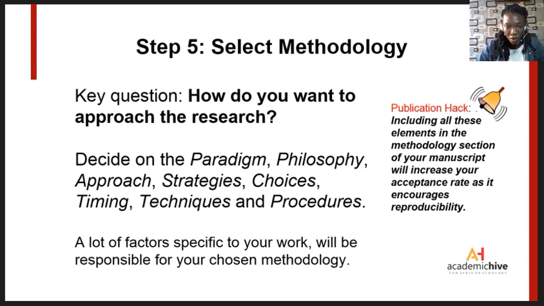Once the reviewer is able to see that these things are present in your methodology section, then you stand a higher chance of getting accepted, okay? Your manuscript stands a higher chance of being accepted for publication.